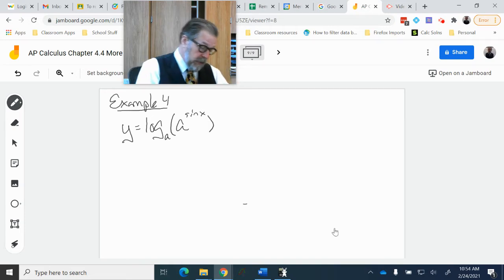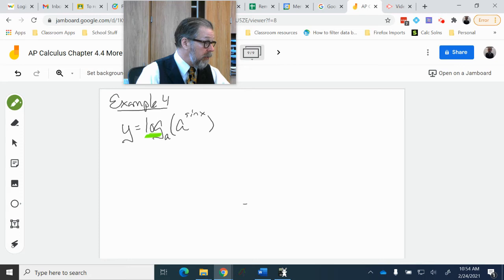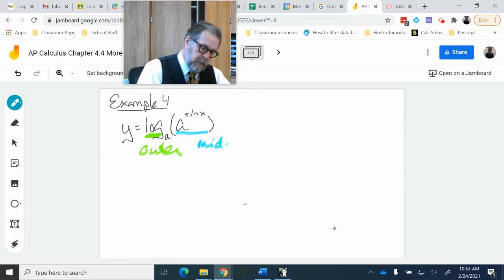Now, fairly complicated looking function, but let's split it down into outer, middle, inner. First of all, my outer function is log base a. My middle function is a to the power of something. And my inner function is sine of x.